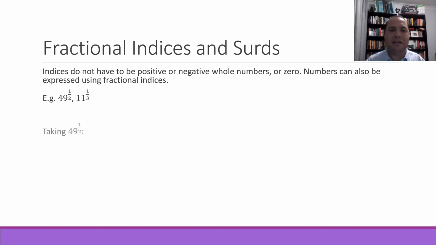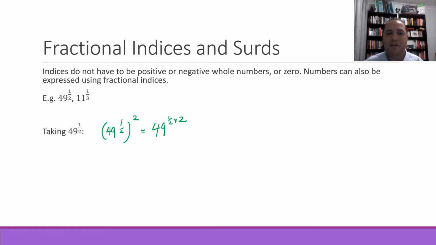So let's consider 49 to the half. What I'm going to do is apply one of our index laws and square 49 to the half. Now, according to our index laws, what that means I can do is multiply these powers. Power to a power means I can multiply.